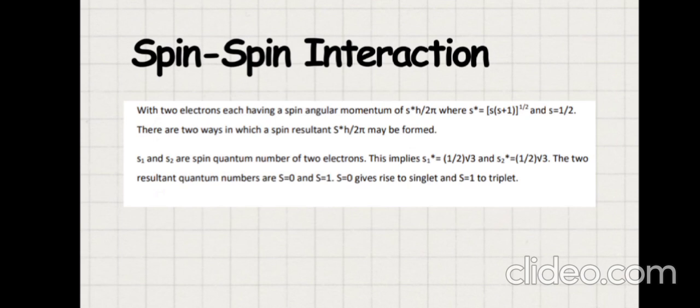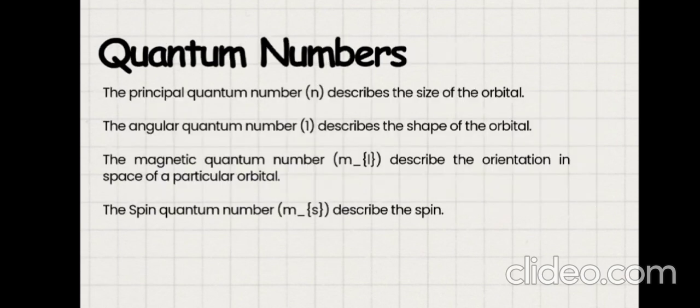S1 and S2 are the spin quantum numbers of the two electrons. This implies S1* is equal to (1/2)√3 and S2* is equal to (1/2)√3. The two resultant quantum numbers are S is equal to 0 and S is equal to 1. S is equal to 0 gives rise to singlet and S is equal to 1 to triplet.